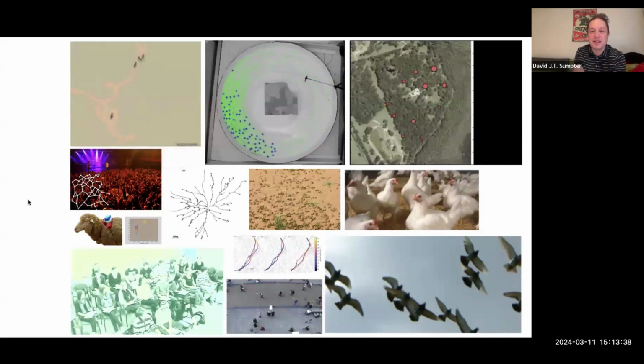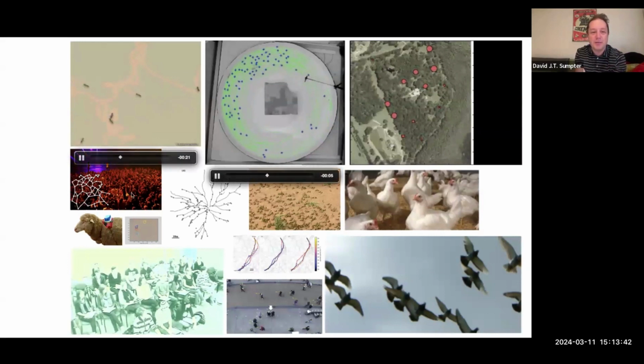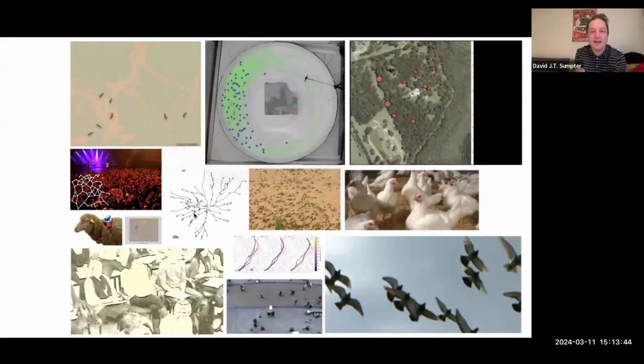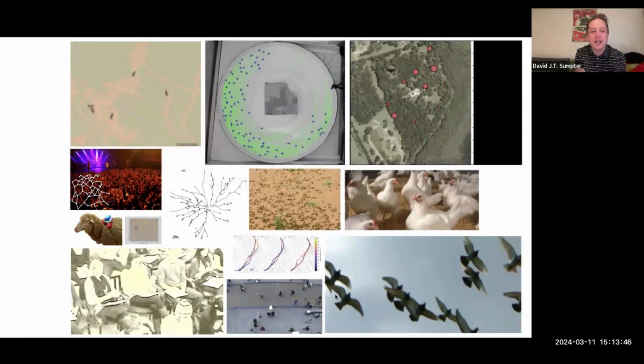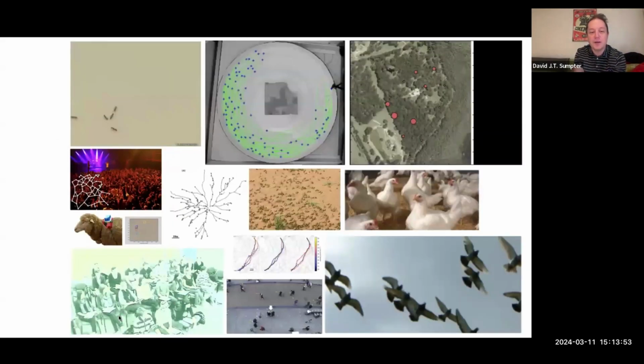These are some of the examples: ants, fish, human crowds, ant networks again, pigeons, humans, sheep, prawns, anything that moved or signaled to each other in groups. I worked on trying to understand the behavior of these systems using mathematical models.